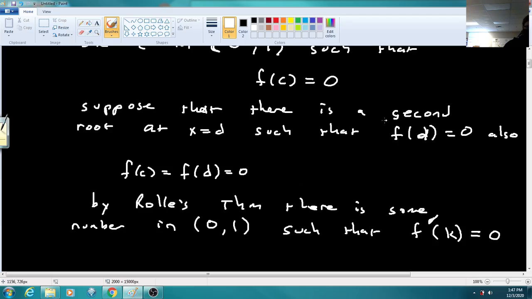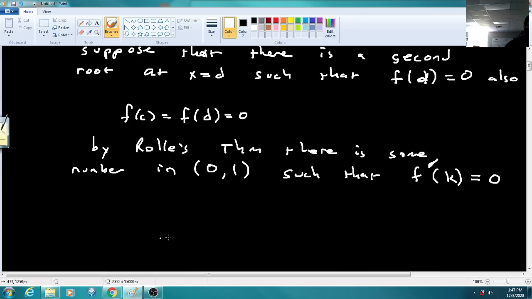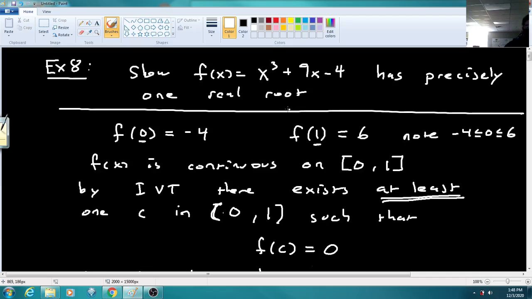So we claim if there's a second root in 0 to 1, then there has to be some k value in 0 to 1 such that the first derivative at k is 0. So let's see what the first derivative of our function actually is and see if there's a contradiction. Well, f prime of x equals 3x squared plus 9.